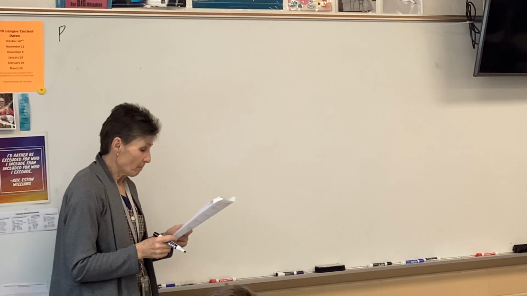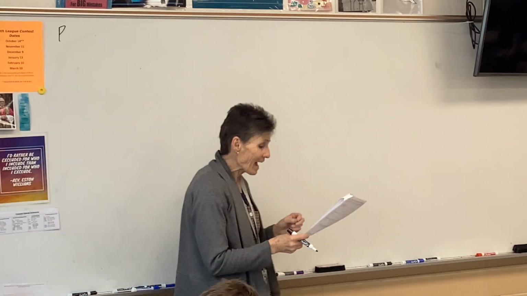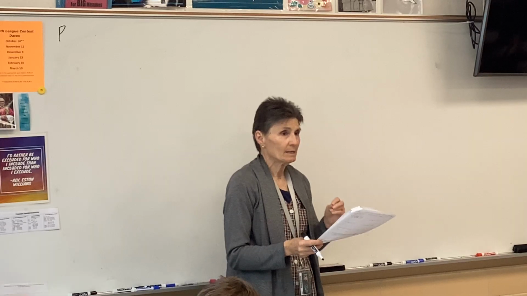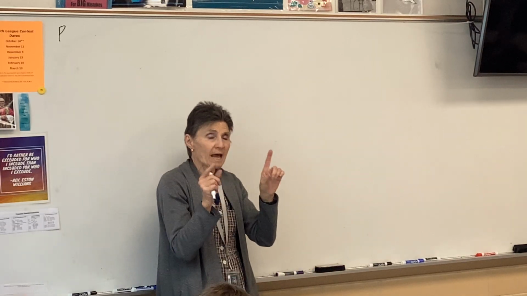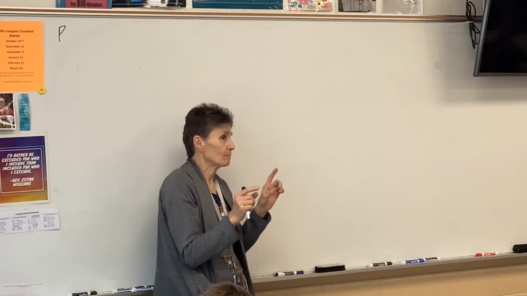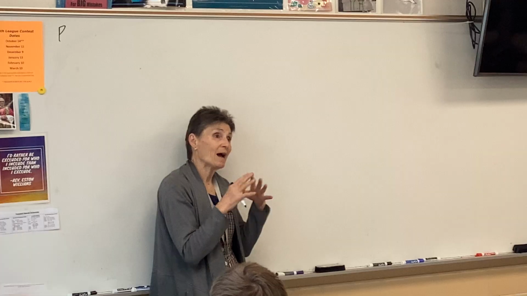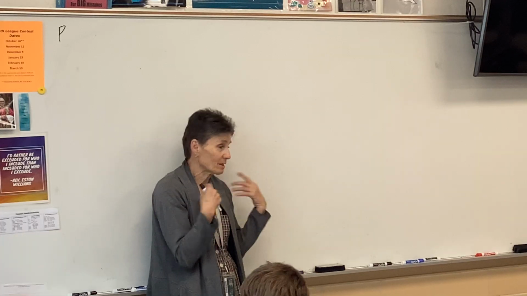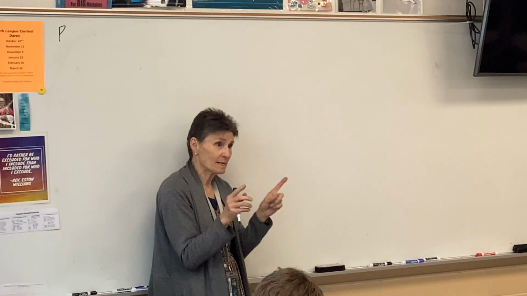All right, we're now in section 4.7. And we're going to find the exact value in radians. When you see the word exact, that means no calculator. So my answers are going to be found by hand with pictures and stuff, and an answer in radians.